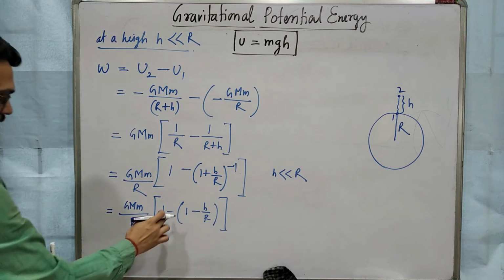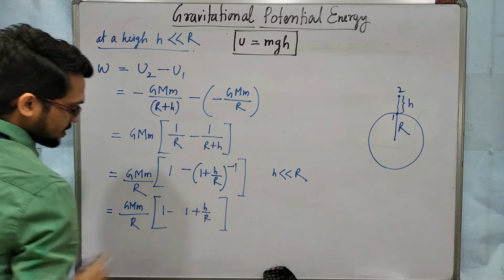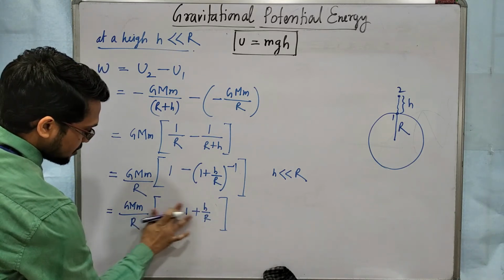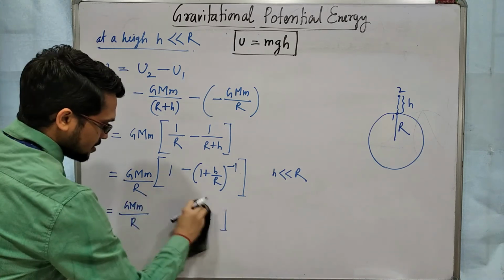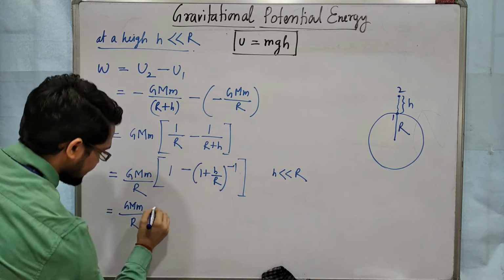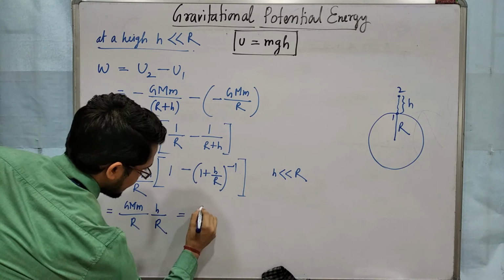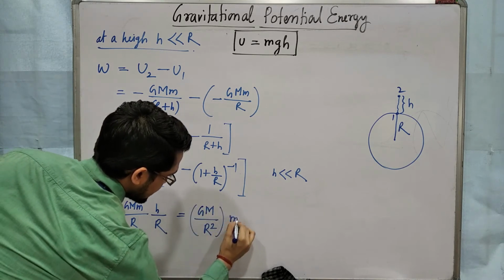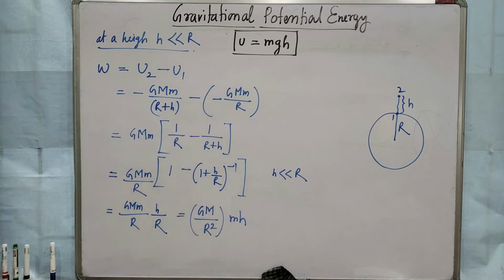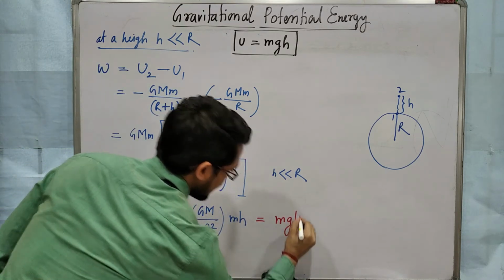Now if we remove the bracket, minus 1 and this quantity will be plus. 1 cancels out, 1 cancels out, you are getting only h by R. So now I am writing like this: GM by R squared into mh. GM by R squared means what? g. So mgh.